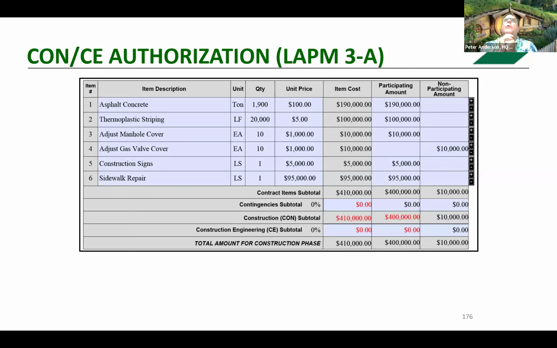That is very important, because if you have X number of dollars and your bids come in lower than you expected, and you have this extra money, and you say, well, we'll pay for the construction engineering services. If you do not do it with the initial authorization and it's done later, you will not be eligible retroactive back to when construction started.